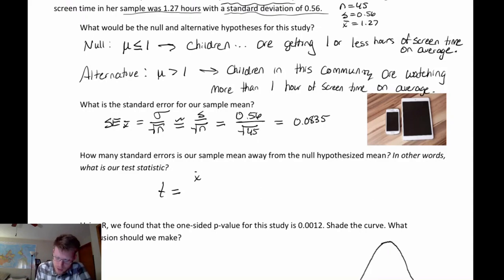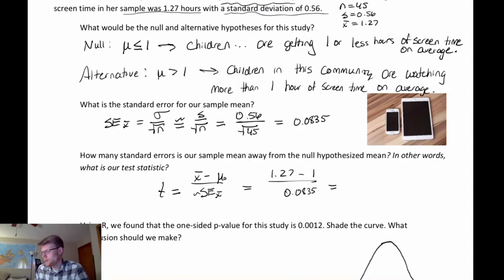So this is going to be x bar minus our null hypothesized mean over our approximated standard error for x bar. That's going to be 1.27 minus 1. We're going to use 1 as our benchmark. We're going to assume it's up to the maximum and run with that. So if it's 1, how unusual is this? And 0.0835 is our standard error.